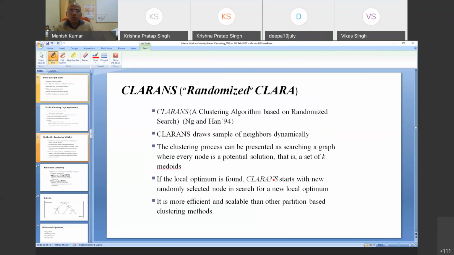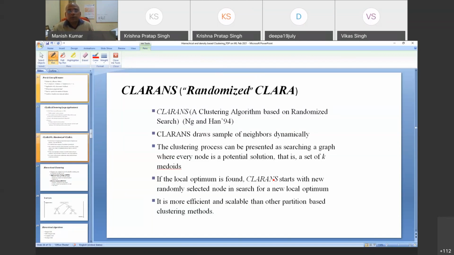CLARANS is actually used as a clustering algorithm based on randomized search. It draws samples of neighbors dynamically, and the clustering process can be presented as searching a graph where every node is a potential solution. So a set of k-medoids will be there.